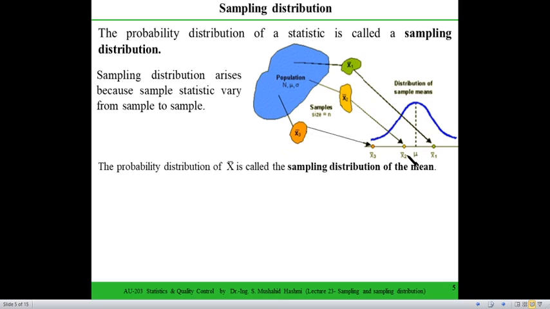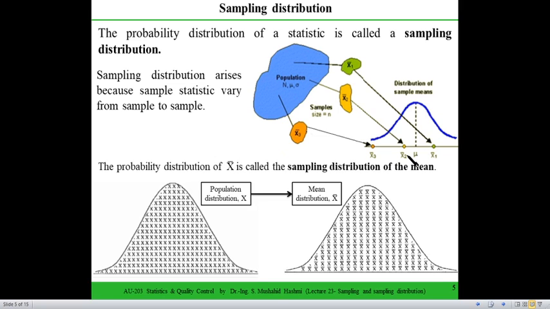Let's say we have a sampling distribution of the mean. Initially we have a certain population represented by a random variable x, so different values of x are possible. We take a sample from that population to calculate the mean of the sample, and x bar represents the mean of the sample.